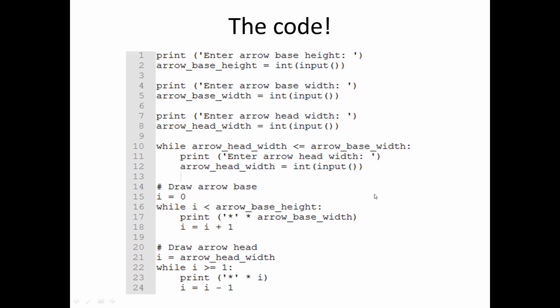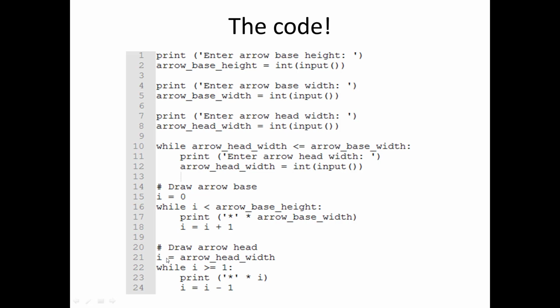So then we begin to print out the arrow base as tall as it's supposed to be, and using this statement as wide as it's supposed to be. And then we increment so that we don't print it higher than what the user has told us to do. Now we've got the arrow base, or the rectangular part of the half arrow, and then we're going to use this statement to draw the arrowhead.